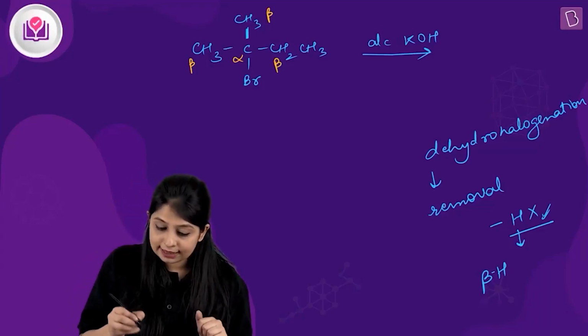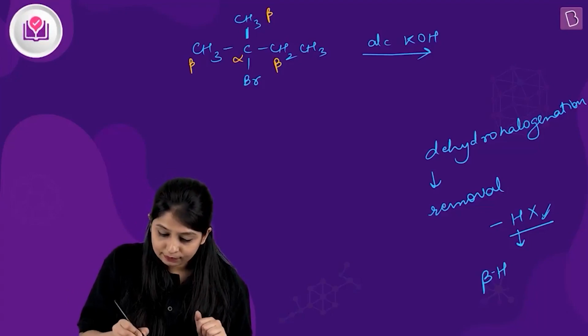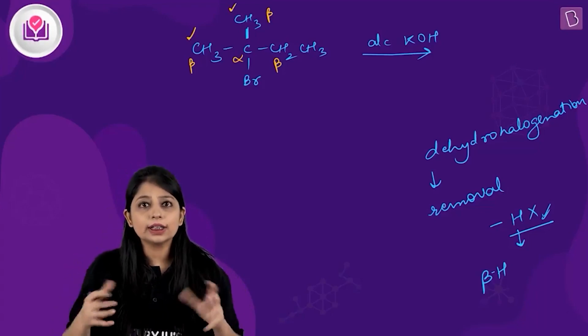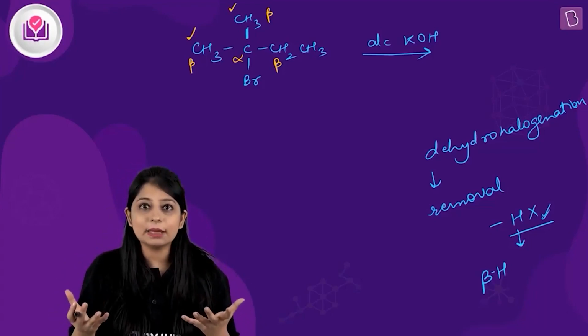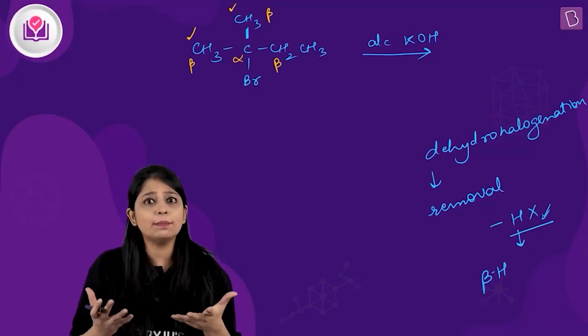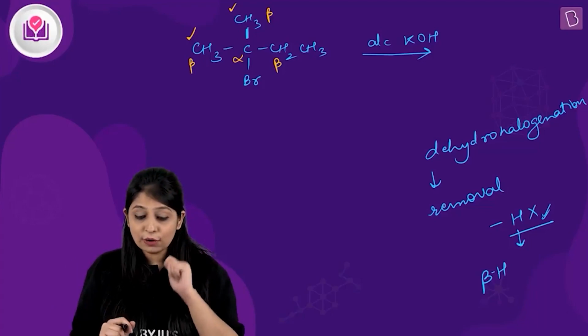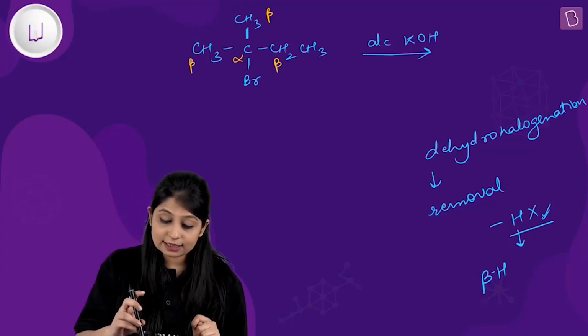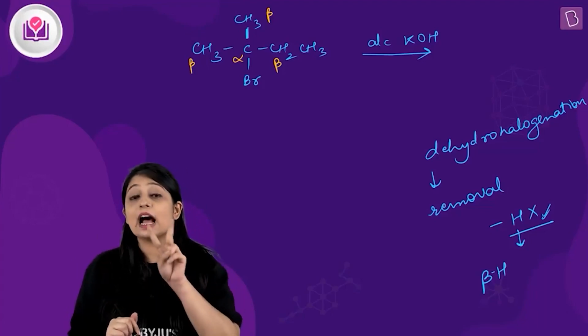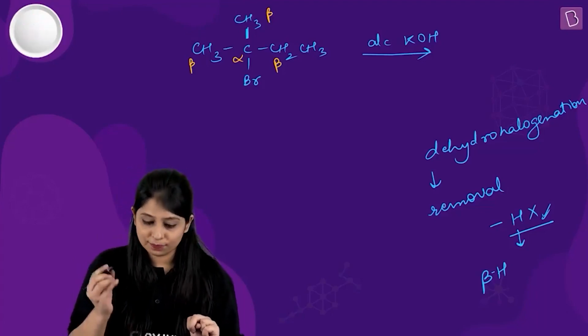If you look at this carbon and this carbon, you'll see both of them are identical, and their environment is exactly the same. So these 6 hydrogens are the same type of beta hydrogen. If you closely look at this alkyl halide, you'll see that you have 2 types of beta hydrogen.